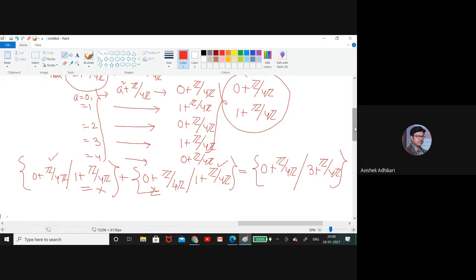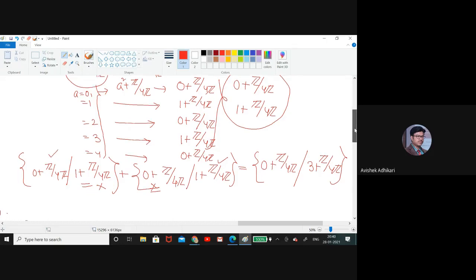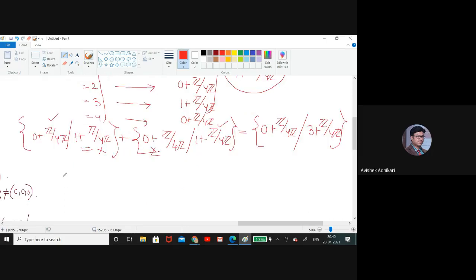Give me some property in terms of Z which will ensure that this should be 0, and this should also be 0. That is the only possibility to maintain this equation.